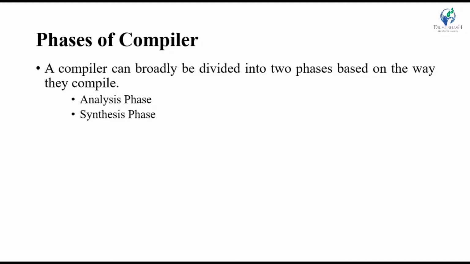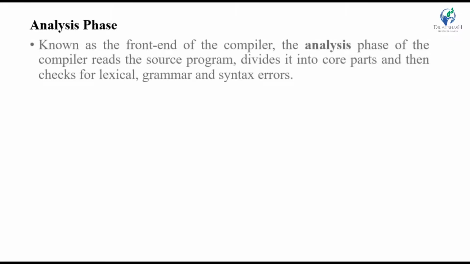So compiler can broadly be divided into two phases based on the way they compile: analysis phase and synthesis phase. In analysis phase, the analysis part breaks up the source program into constituent pieces and imposes a grammatical structure on them. It is also known as the front end of the compiler.